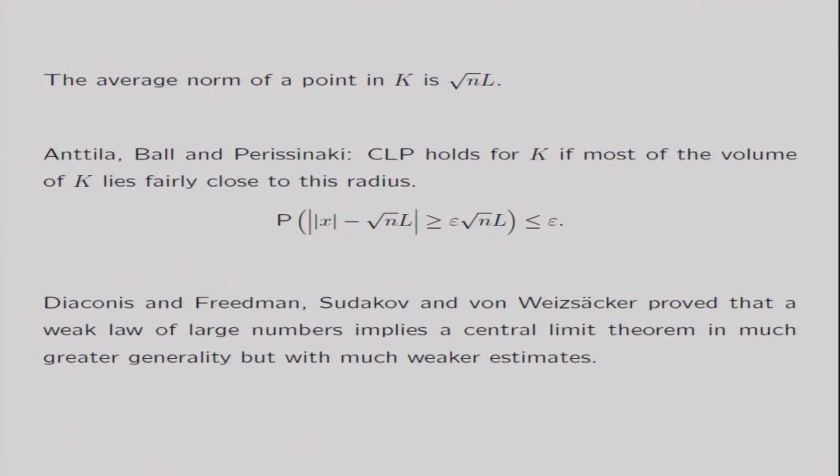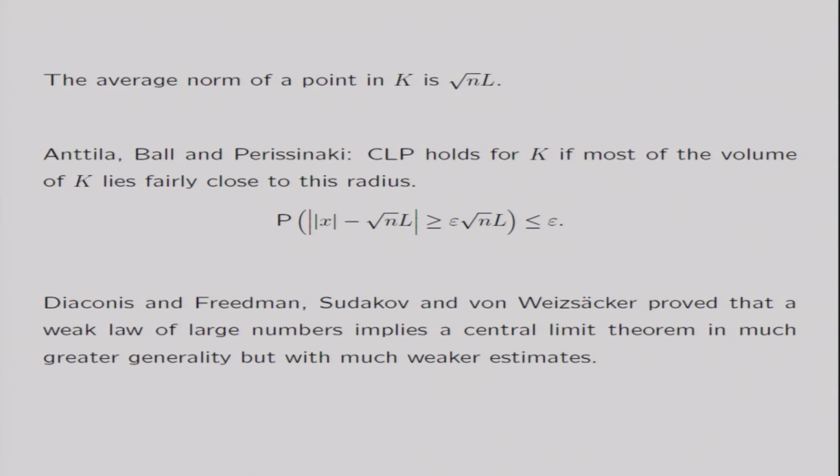And in fact, it would have been possible to deduce this using some properties of convex domains that were pretty well known from earlier work of either Diaconis and Freedman or Sudakov and von Weizsäcker, where they also proved that a kind of weak law of large numbers implies a central limit theorem, but with much more general conditions, but not surprisingly rather weaker estimates.